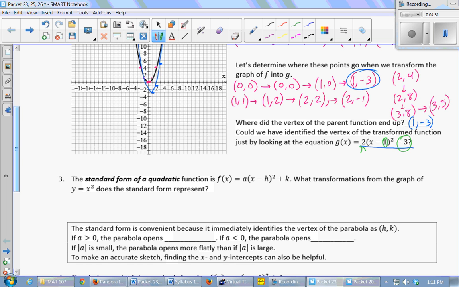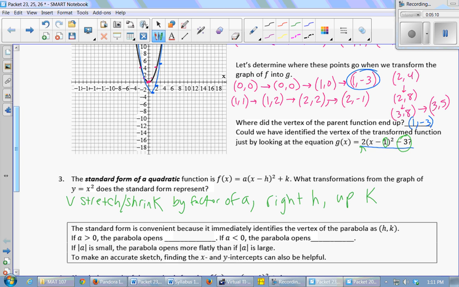The vertex always lands at (h, k), and a represents a vertical stretch, or shrink depending on the value of a, by a factor of a, and then right h, up k. So the standard form is convenient because it immediately identifies the vertex of the parabola as (h, k).